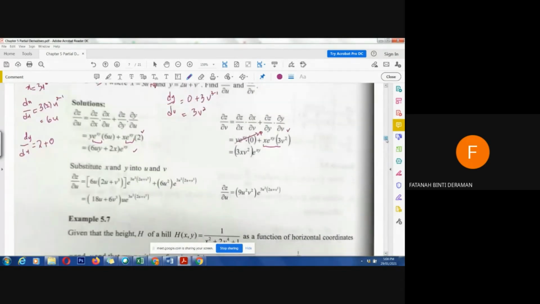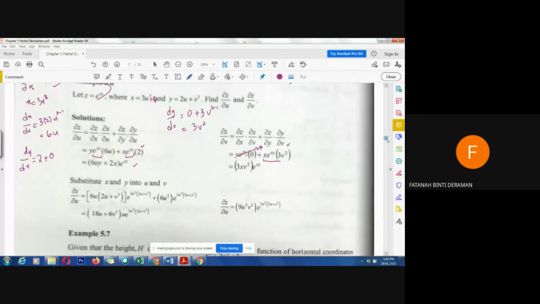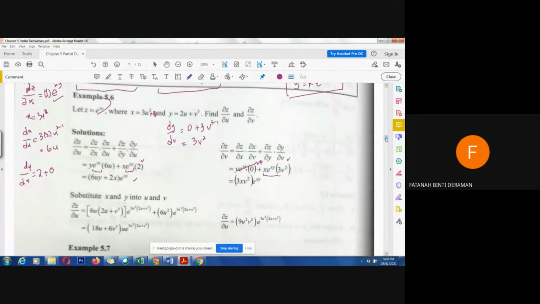Substitute for u and v in dz/du. So here we need to differentiate this z in terms of dz/du.